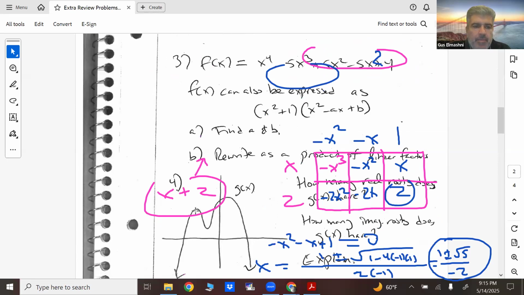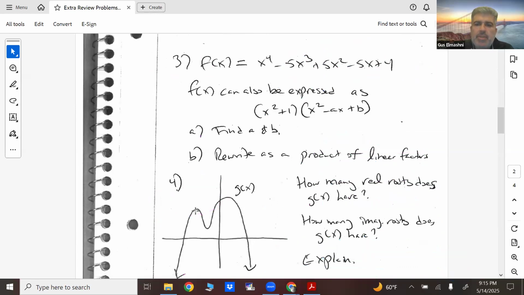Here, they say that this could be expressed like this. Find what a and b are, and then rewrite as a product of linear factors. This is a little tricky. So what you're essentially doing is doing division again, because you're going to divide by x squared plus 1.